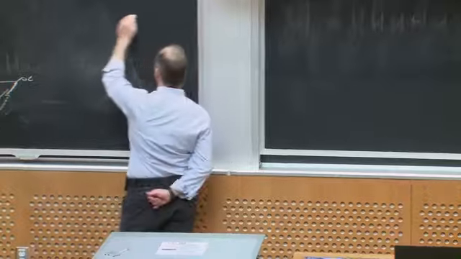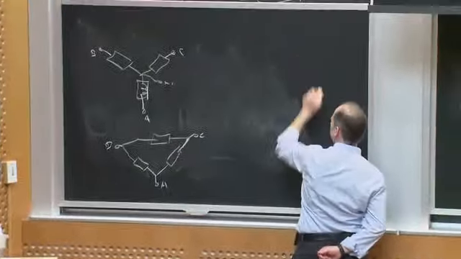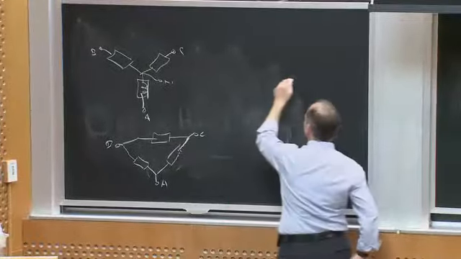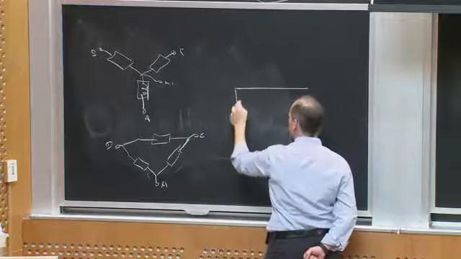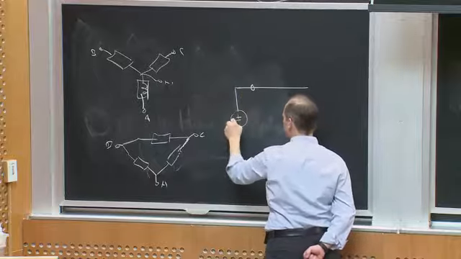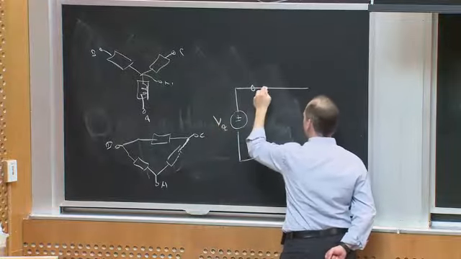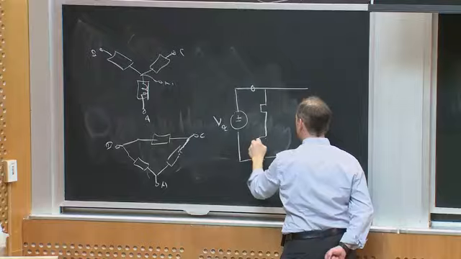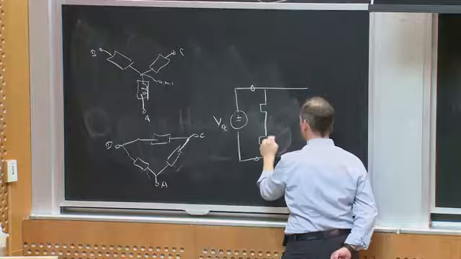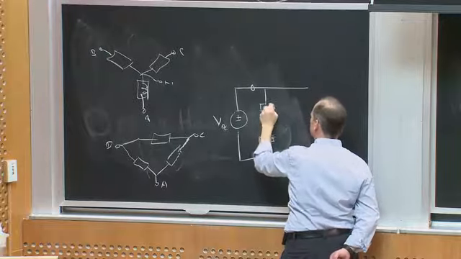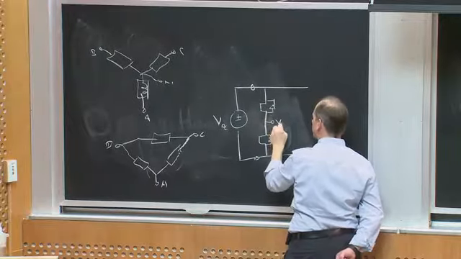So maybe I would come up and build something like this. I'll have my DC bus come in, so I'll have 2 terminals, VDC, right? I will have a first bridge leg like this, and let me make sure and show the diodes again. And this can generate VA.